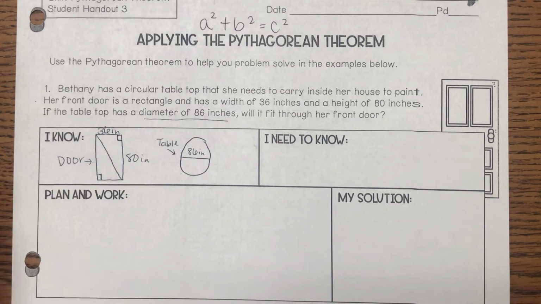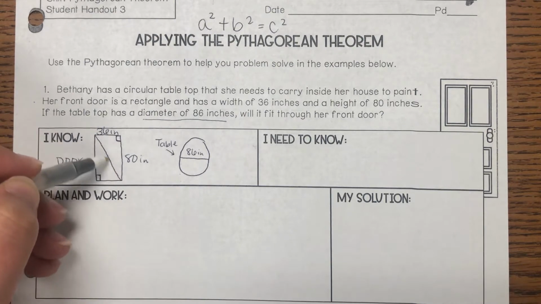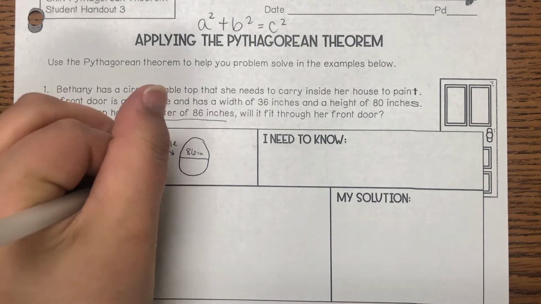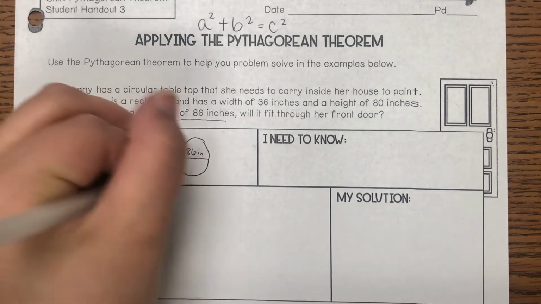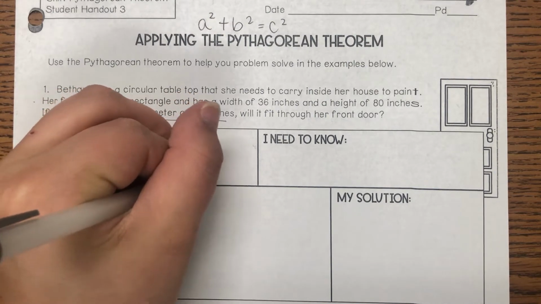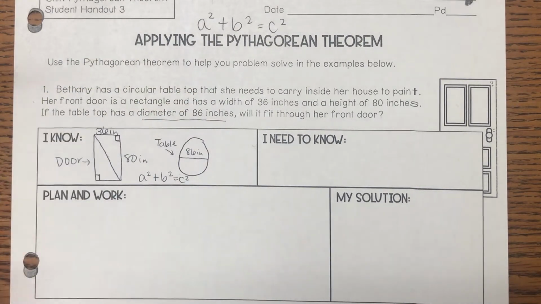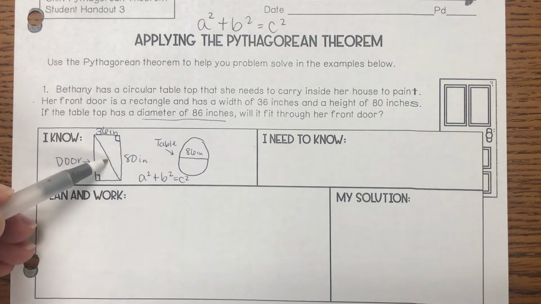So now I know if I'm looking for this diagonal length right here, I'm going to use my Pythagorean theorem to find this diagonal value right here.